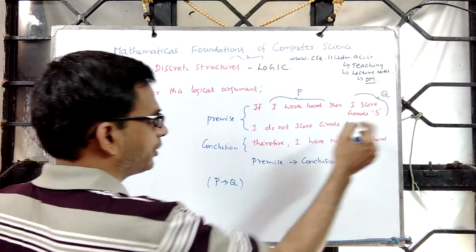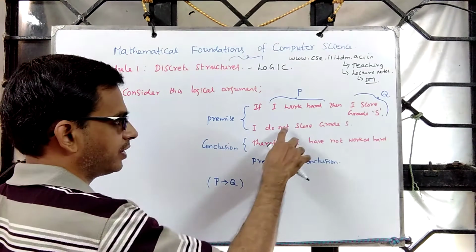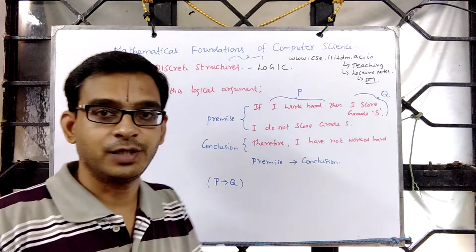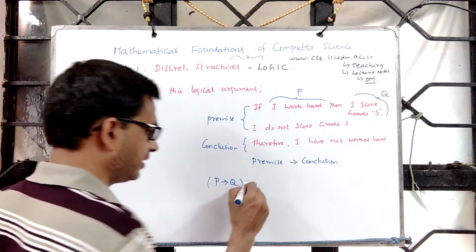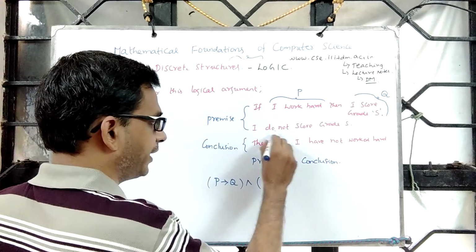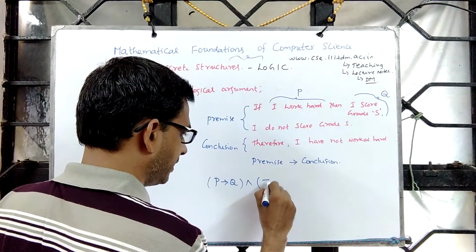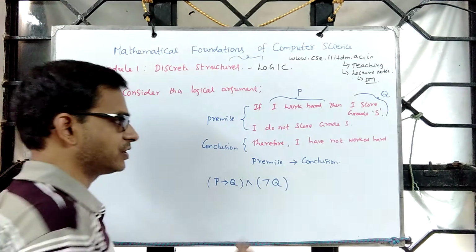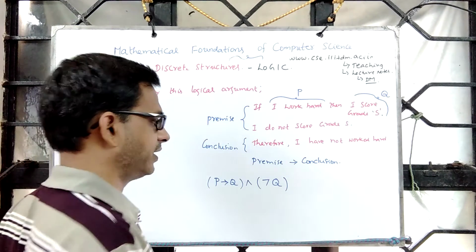In a logical argument, you have statement number 1, statement number 2, then how do you combine them? Using the AND operator. I make a sequence of statements, one after another, combined using logical AND. Then I did not score grade S is negation Q. Q represents scoring grade S, negation Q represents did not.